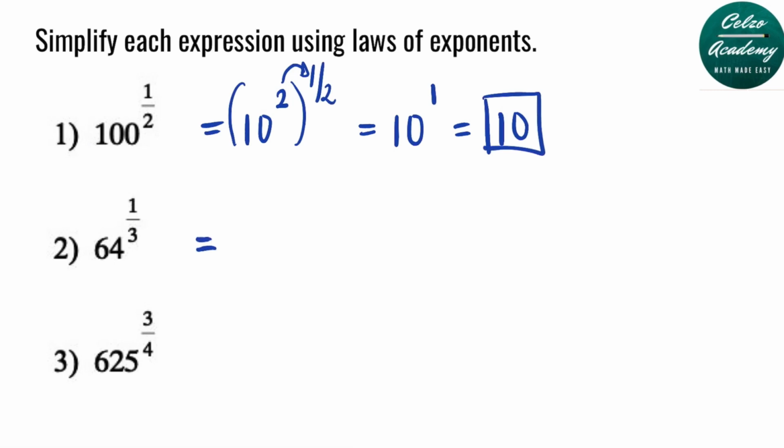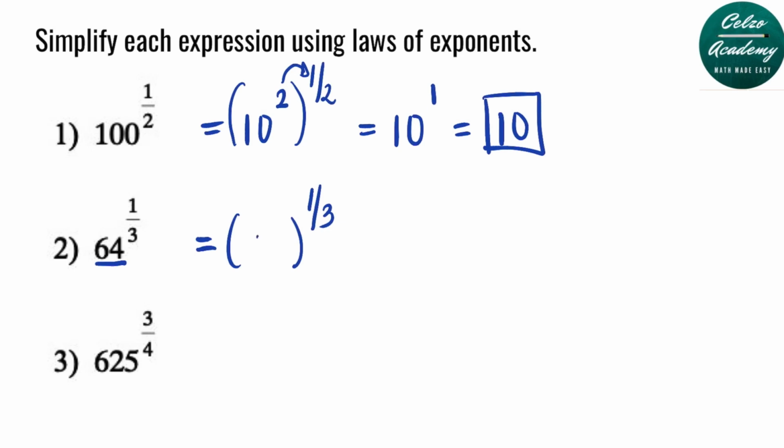Question number 2. 64 to the power of 1/3. Take note that our exponent here has a denominator of 3. We have 1/3. This means we need to rewrite 64 using an exponent of 3 or a multiple of 3. 64 is 8 squared, but we will not use square because 2 is not a multiple of 3.